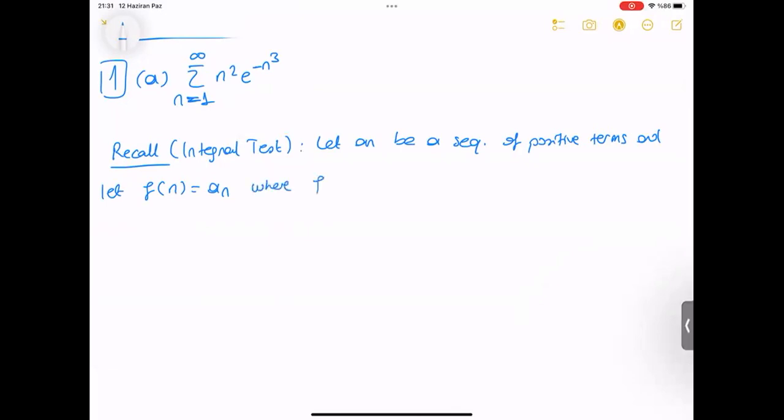And assume that f is continuous, positive, decreasing for all n.